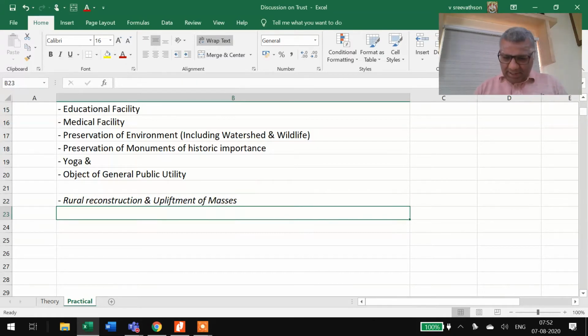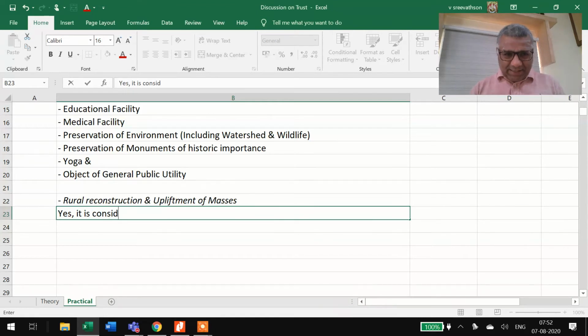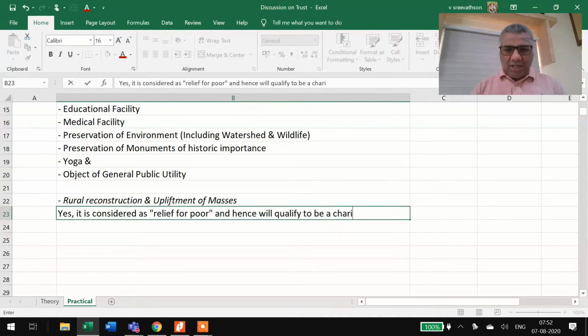Okay, it is, yes. In fact, not even public utility. It is considered as relief for poor, and hence will qualify to be a charitable purpose.